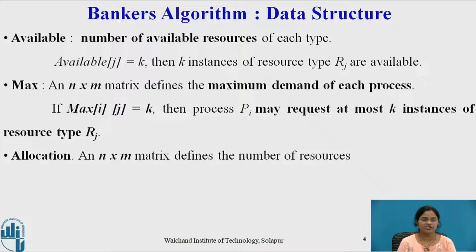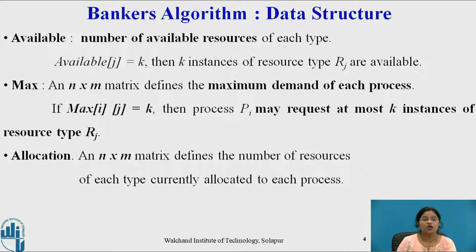Then the next data structure is Allocation. Allocation is again an n by m matrix. Okay, it is again a 2 by 2 matrix. Max is also a 2 by 2 matrix. Allocation means it is a matrix which defines the number of resources of each type currently allocated to each process.